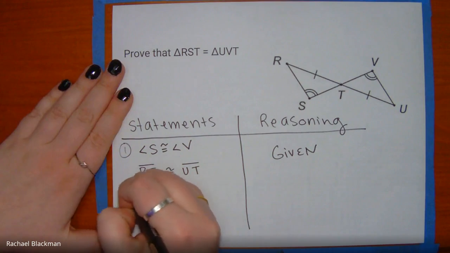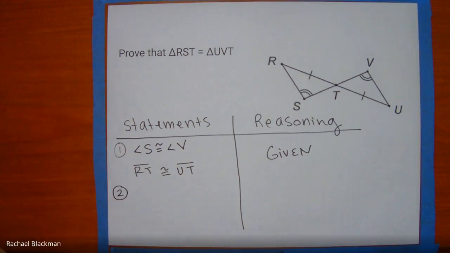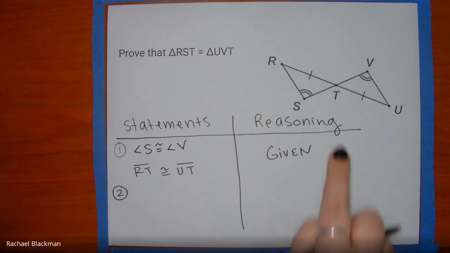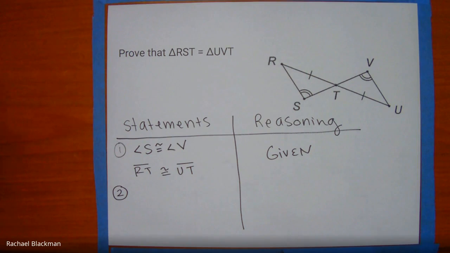Okay. They're not right triangles, so we're not going to use HL here. I don't know anything about a segment bisector or a midpoint, so I'm probably going to throw out side angle side, right? Can we find another pair of angles here?